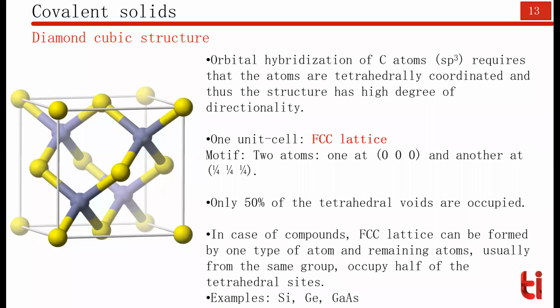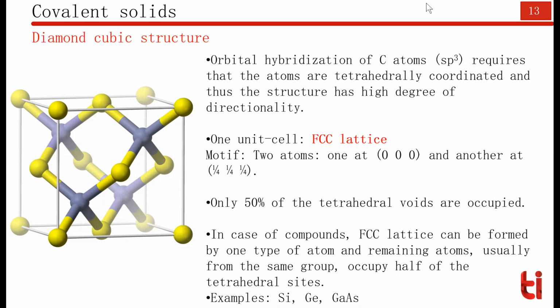Generally in the diamond cubic structure, the carbon occupying the tetrahedral site is in the sp3 hybridized state. You remember the organic chemistry that we learned in +1, +2. We know that carbon can form a bond with its neighboring carbon, either a single bond, a double bond, or a triple bond.